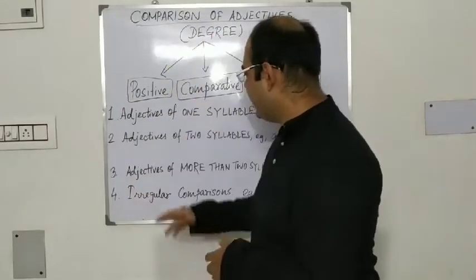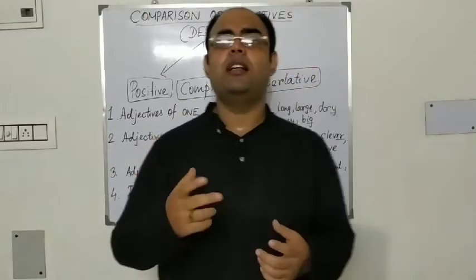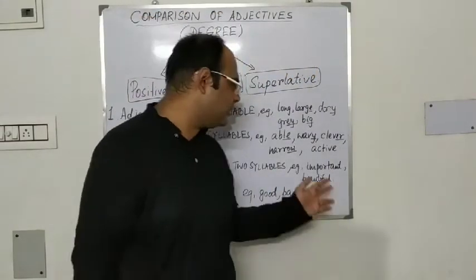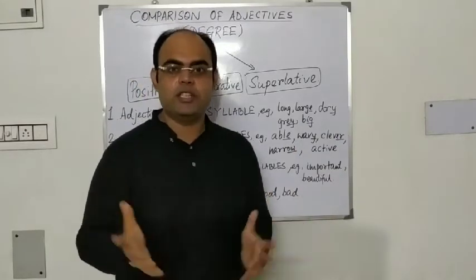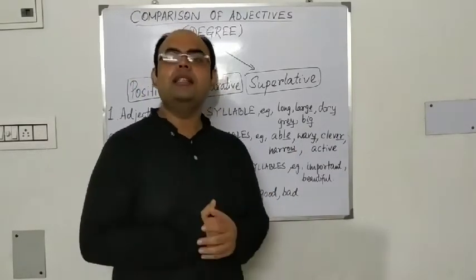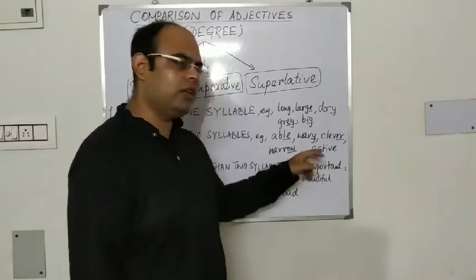Now the third one is adjectives of more than 2 syllables. If the adjective has more than 2 syllables, like important, beautiful, 3 syllables, or magnificent, 4 syllables, in this case, we will follow the last rule.